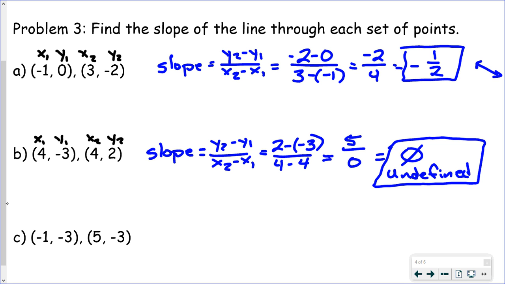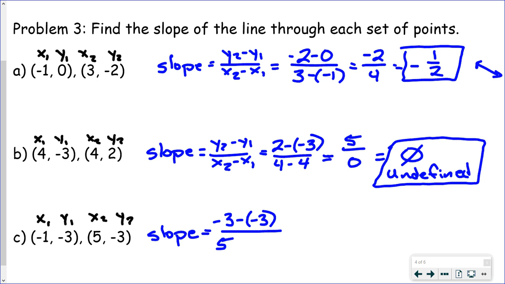All right, and then one more here. So again, I'm going to label these x1, y1, x2, y2. So the slope, y2 minus y1, so that's negative 3 minus negative 3 over 5 minus negative 1.